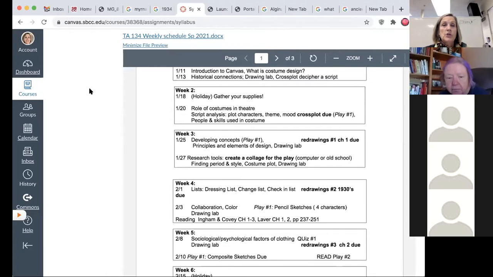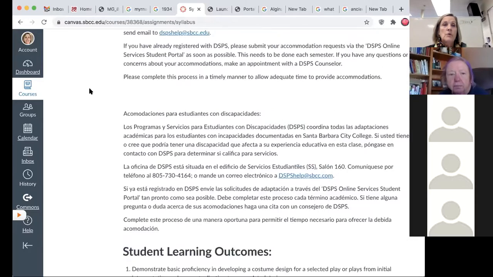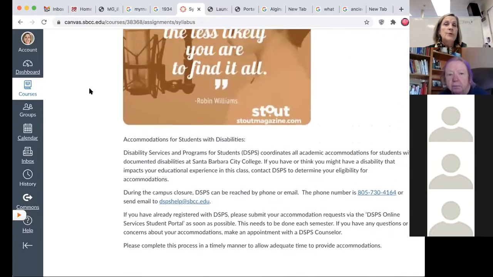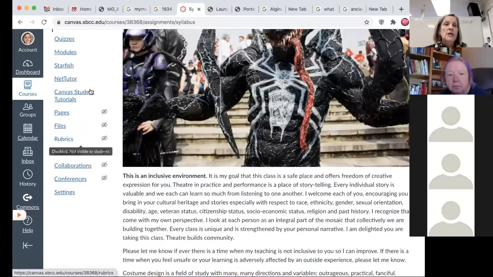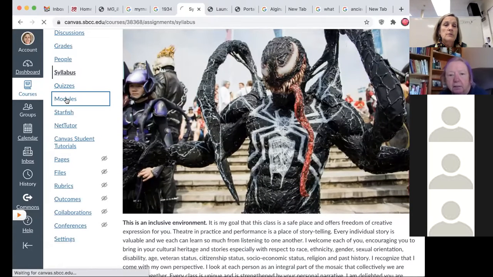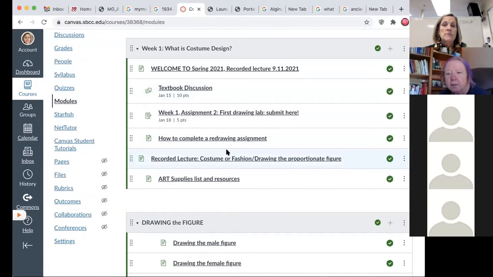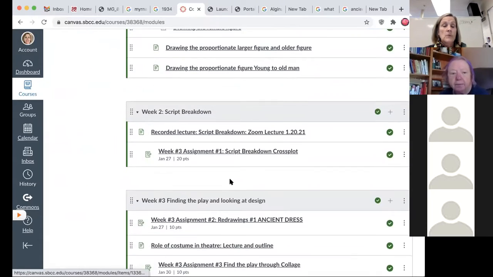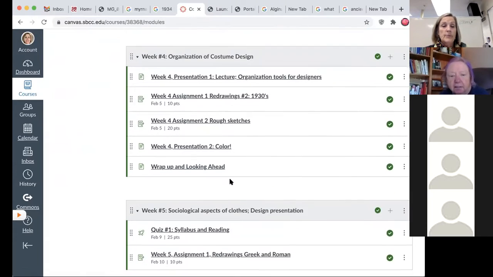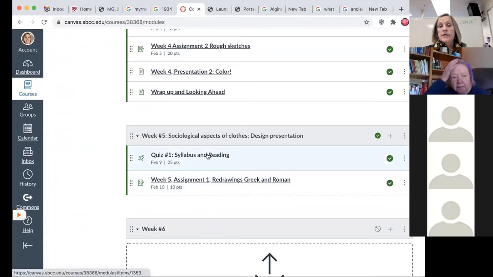Let's just see if we can do this. You tell me if you are tracking with me, because I've opened this screen, which may not allow us to go to modules. Are you seeing the module page? Yes. So here's the quiz, 25 points.